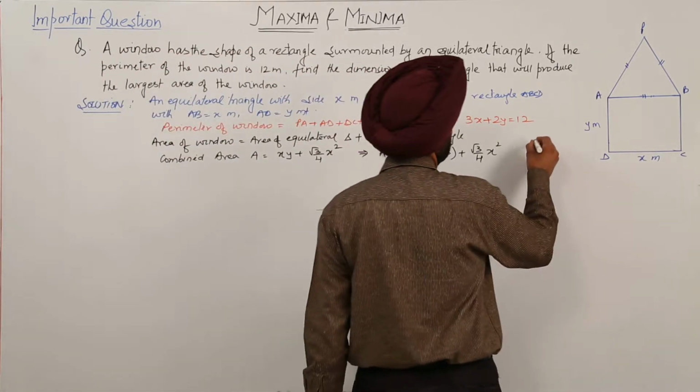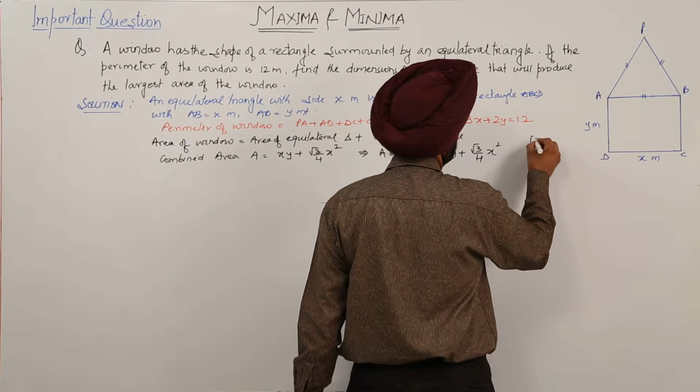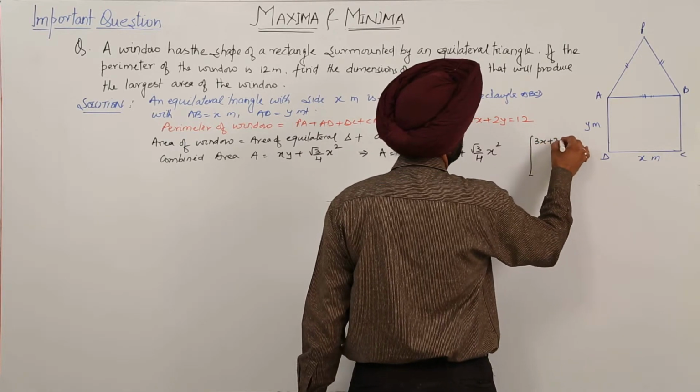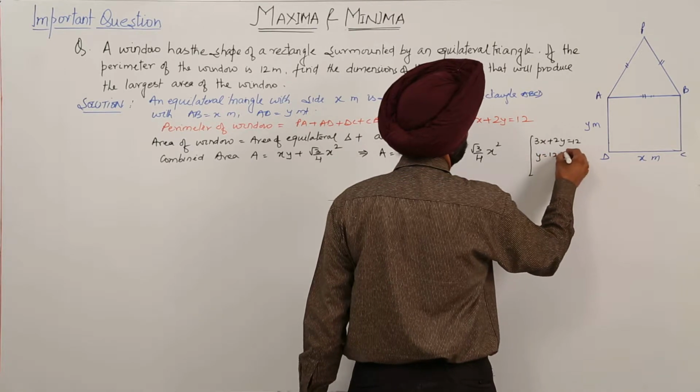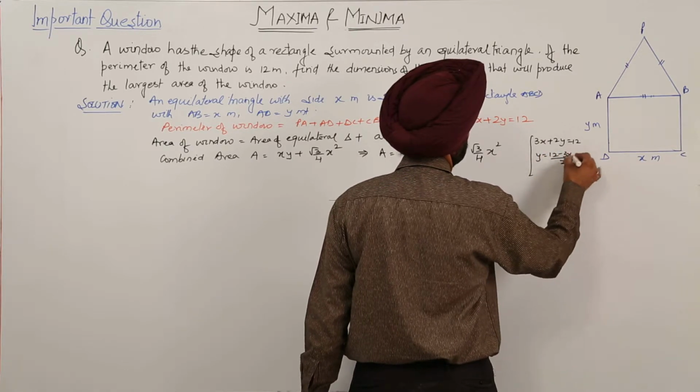From 3x plus 2y equal to 12 we can write y is equal to 12 minus 3x upon 2.